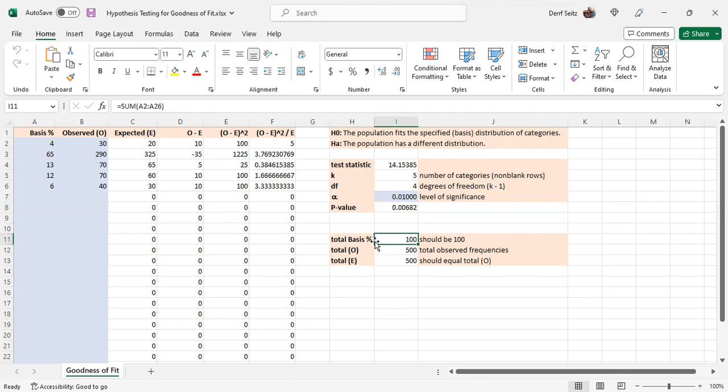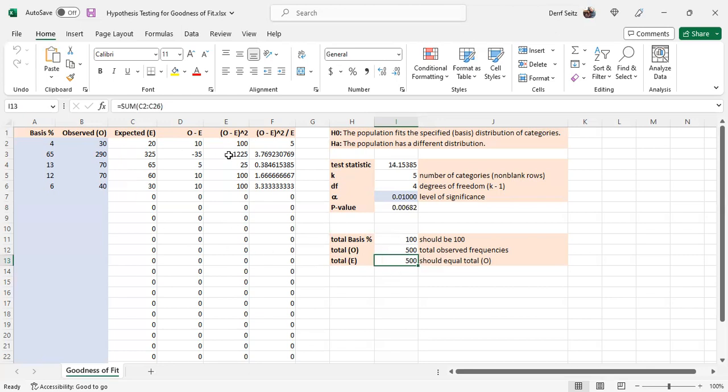Down here, some things to check on. The total of the basis percents is calculated. It should add up to 100 as noted by the comment. That's a check you can do. The total of the observed values is calculated here. And the total expected value should equal the total of the observed values according to the expectations being used.